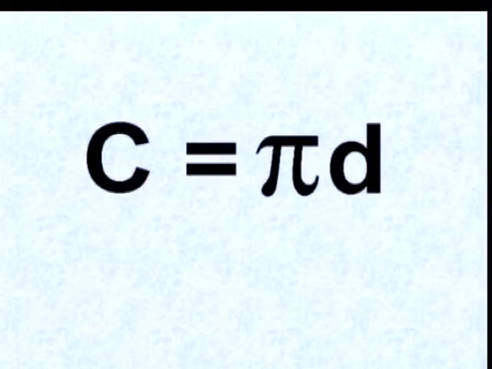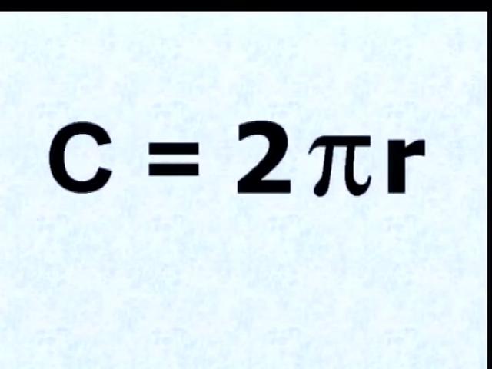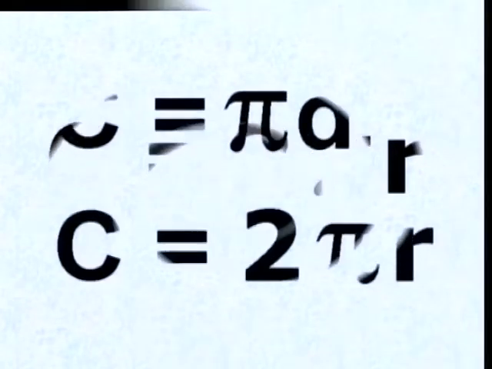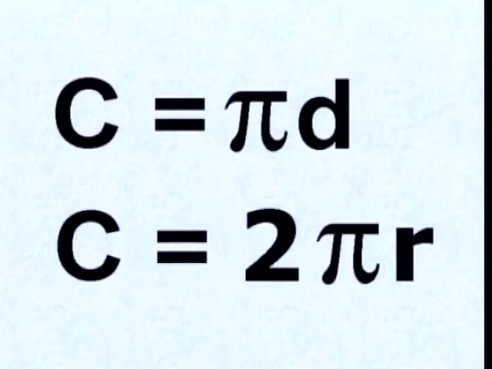When you are given the radius and you are told to find the circumference of a circle, we use this formula. So you can use either of the formulas depending on the measurement that is given. If the diameter is given, you use this formula. If the radius is given, we use this formula.